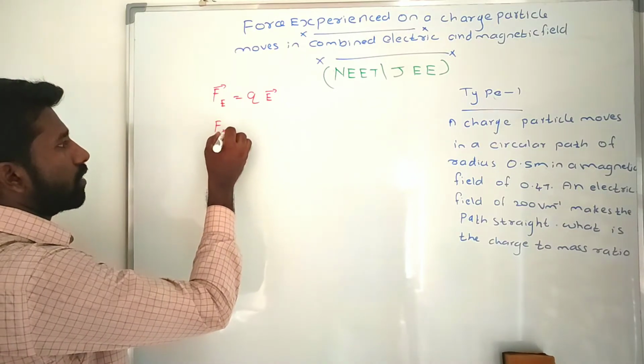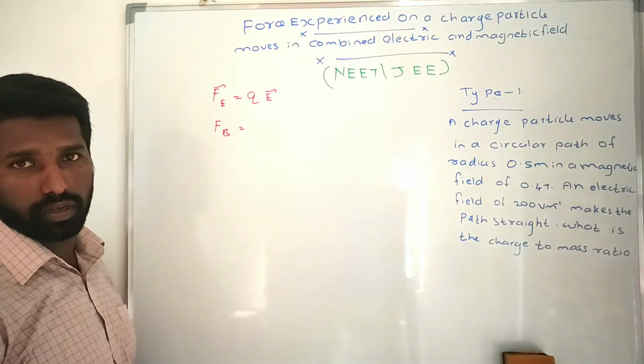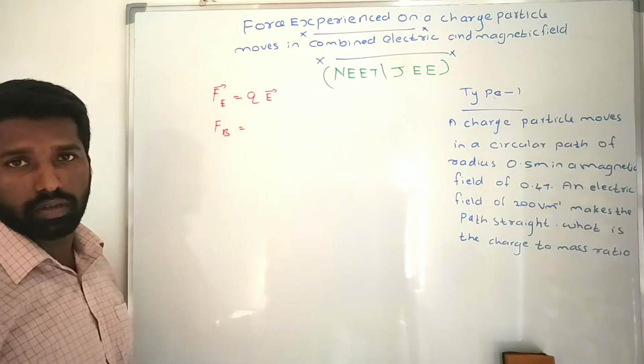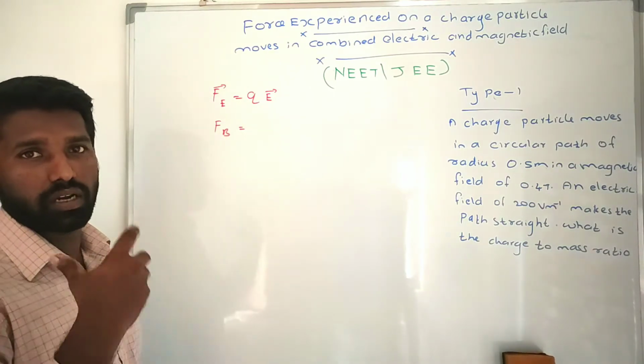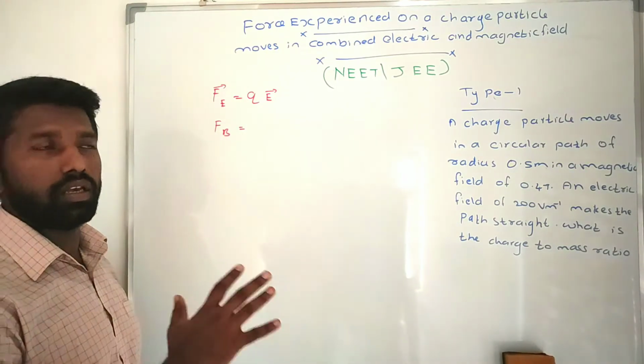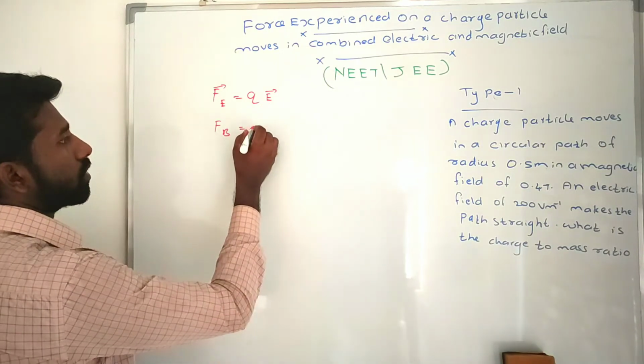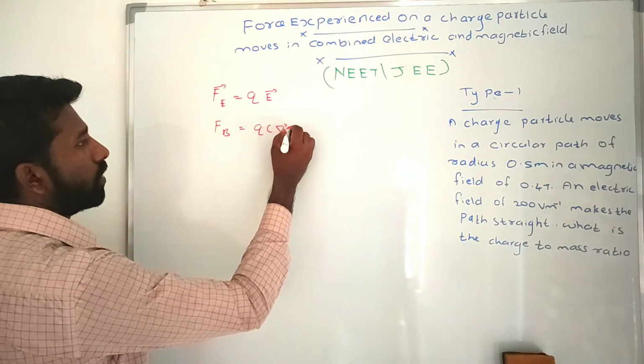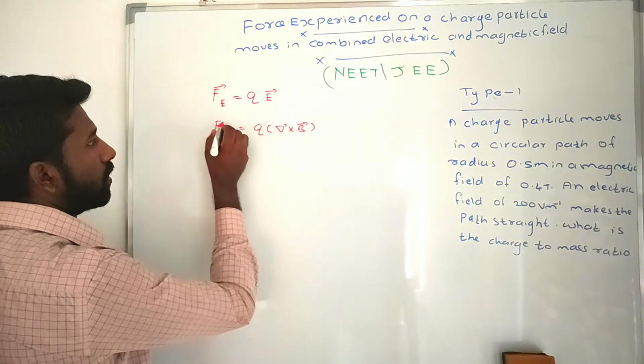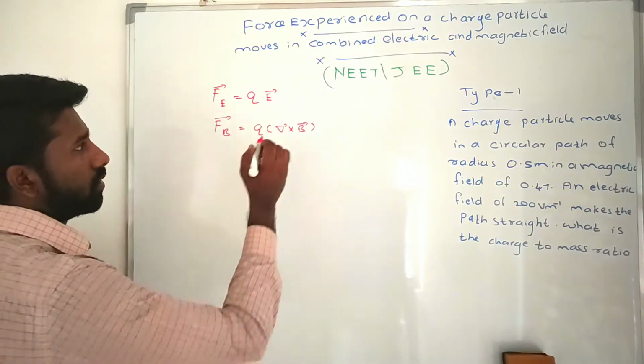If a charged particle moves in a magnetic field, it will produce a magnetic field. That magnetic field interacts with the external magnetic field, and it experiences a force F equals Q into V cross B.